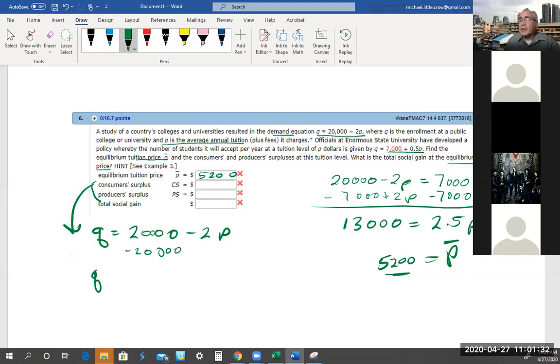Are you going to show us how with the calculator after this? Well, yeah, I have to get the equation set up to put in the calculator. So we have to solve for P first, because remember, in our calculator, P is our Y value, so we can't enter this into the calculator until we get it solved. So minus 20,000 equals minus 2P. Divide both sides by -2.